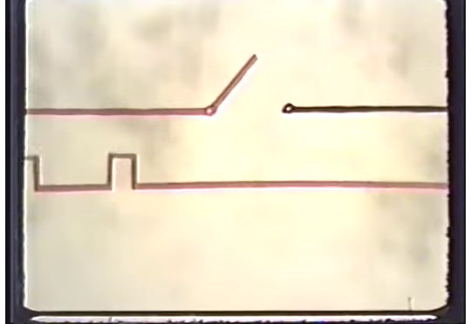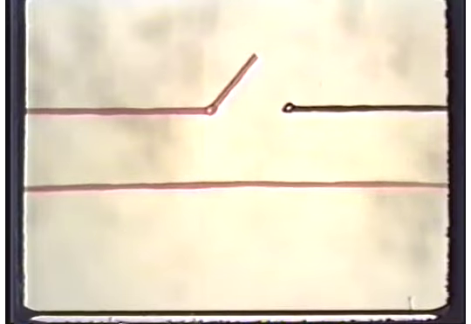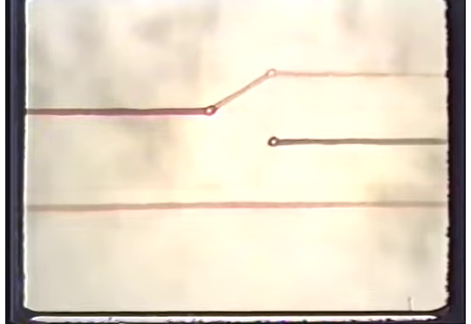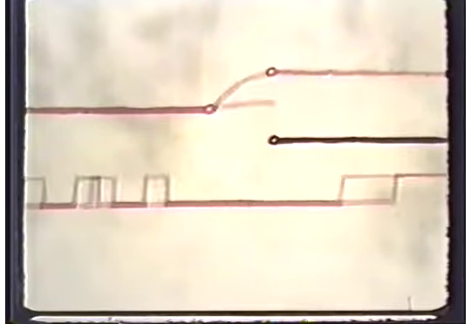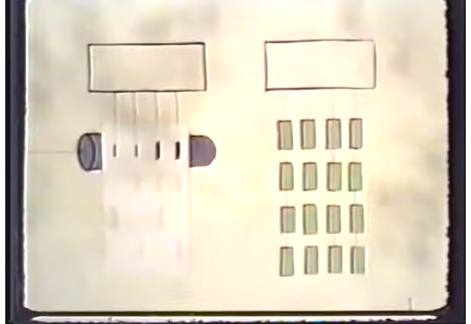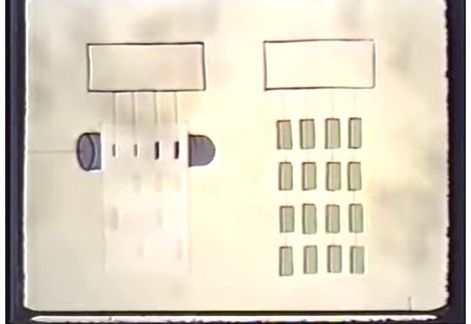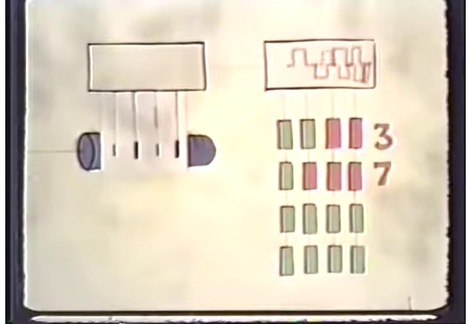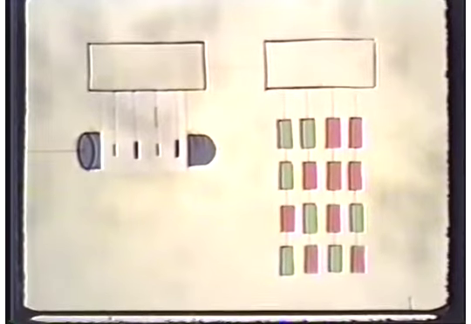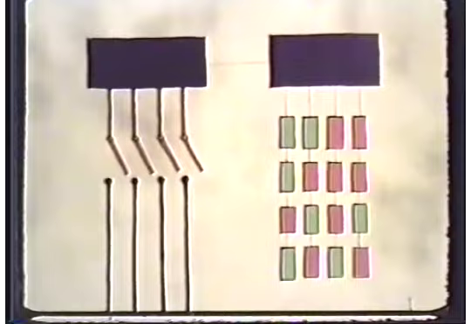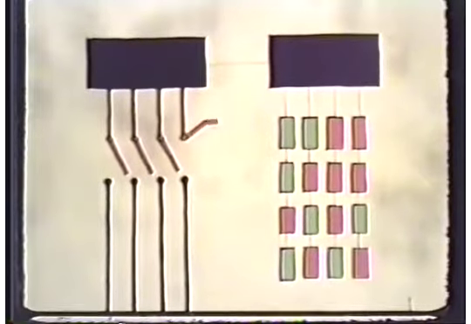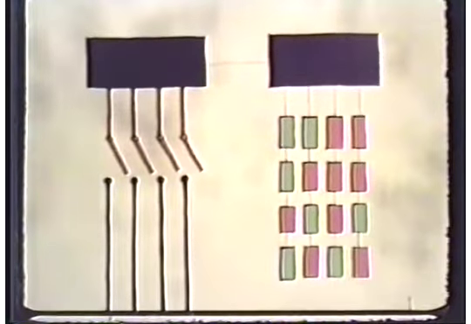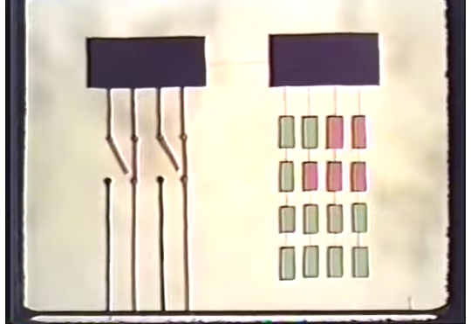A pulse can operate a switch. In this way, instructions can be sent to different parts of the computer. These instruction pulses can be stored in the memory and later released to operate the correct switches.